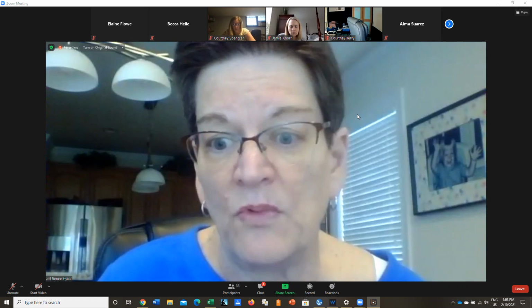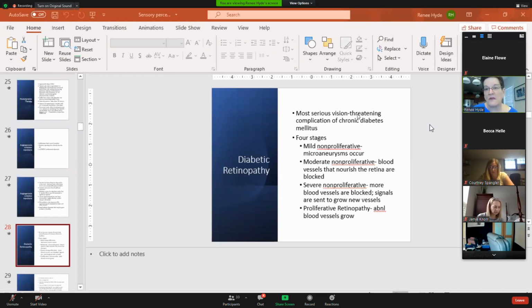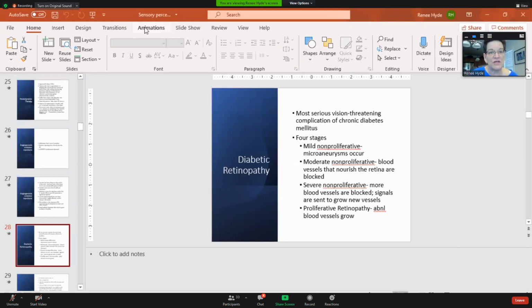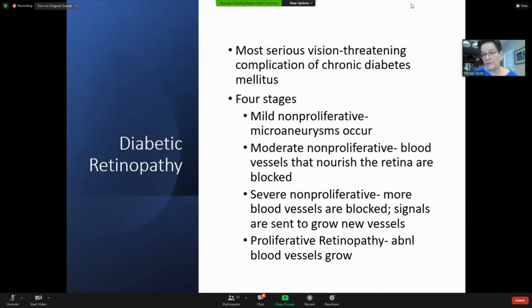I'll sort of pick up where we stopped. Basically, last time we had sort of finished up with the AMD, and we're moving into the diabetic retinopathy. Okay, so what we've got here is diabetic retinopathy is one of the most serious vision-threatening complications of diabetes.